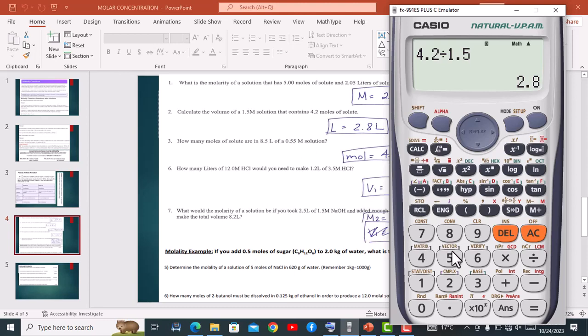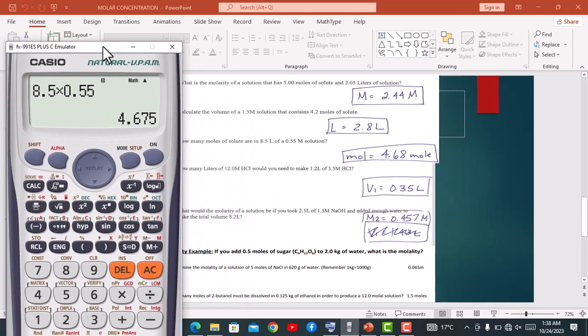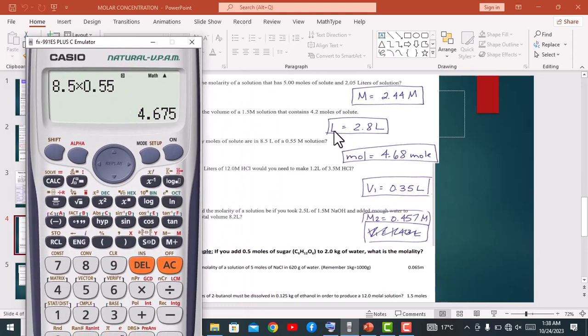We take 8.5 and multiply that by 0.55, and we find 4.675, which is 4.68 if we round off to 2 decimal places. So these are the number of moles.